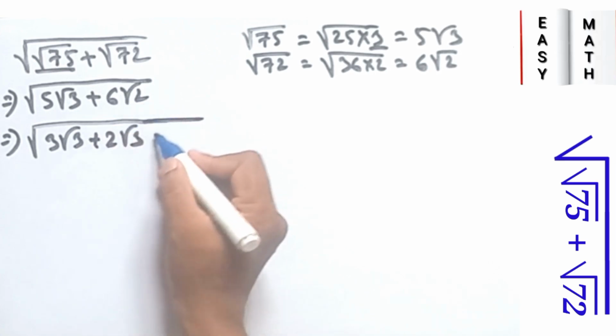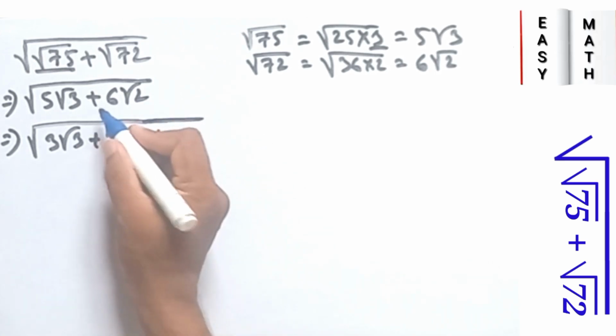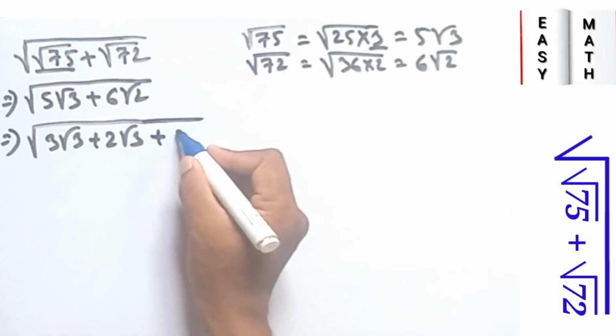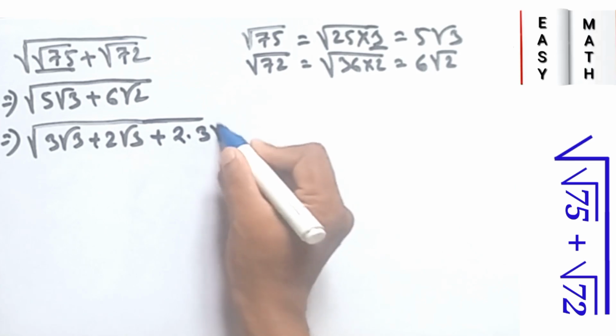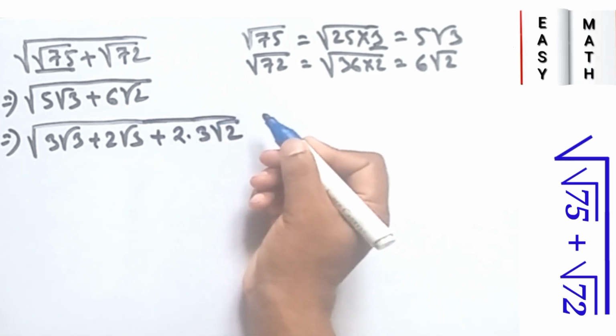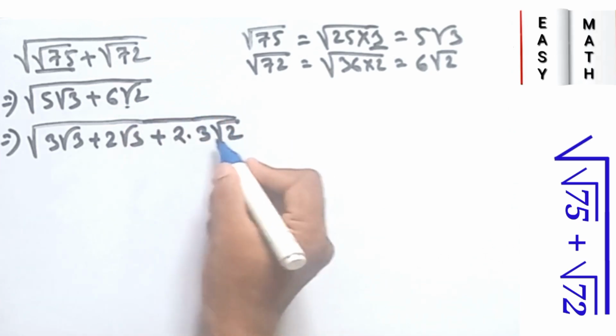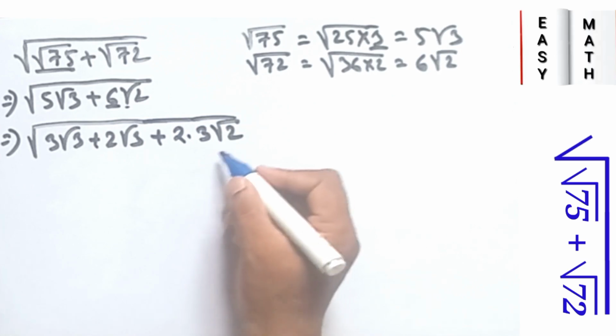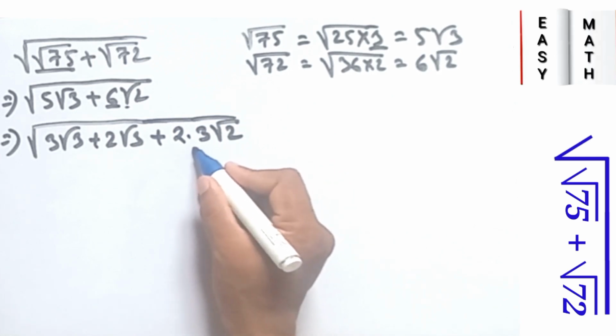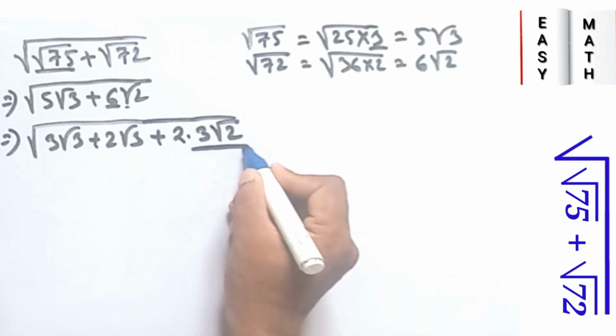And this we can write as 2 into 3 root 2, which is root 2. Now find out this value.